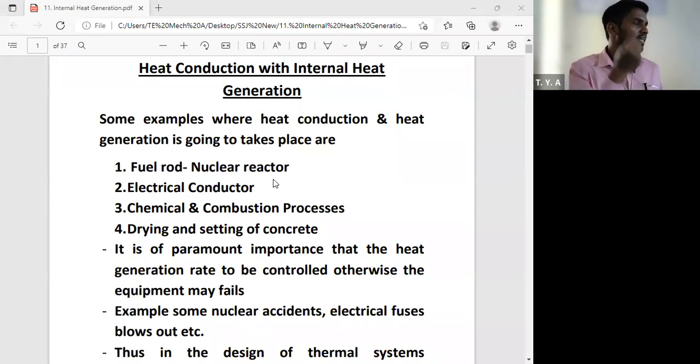Up till now we considered internal heat generation to be 0, but these are some of the examples where internal heat generation is there.